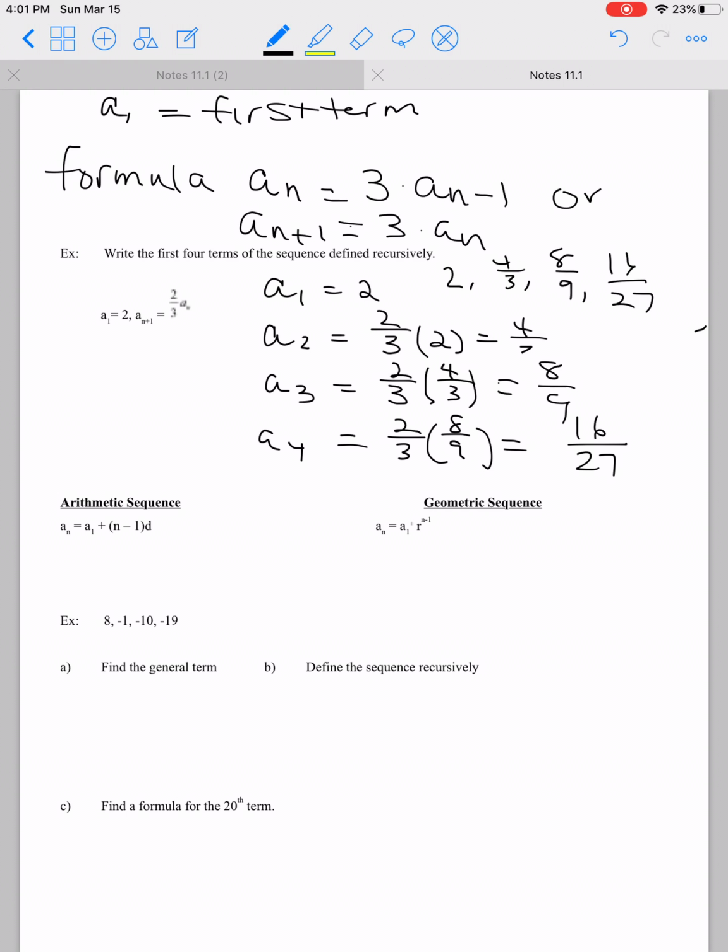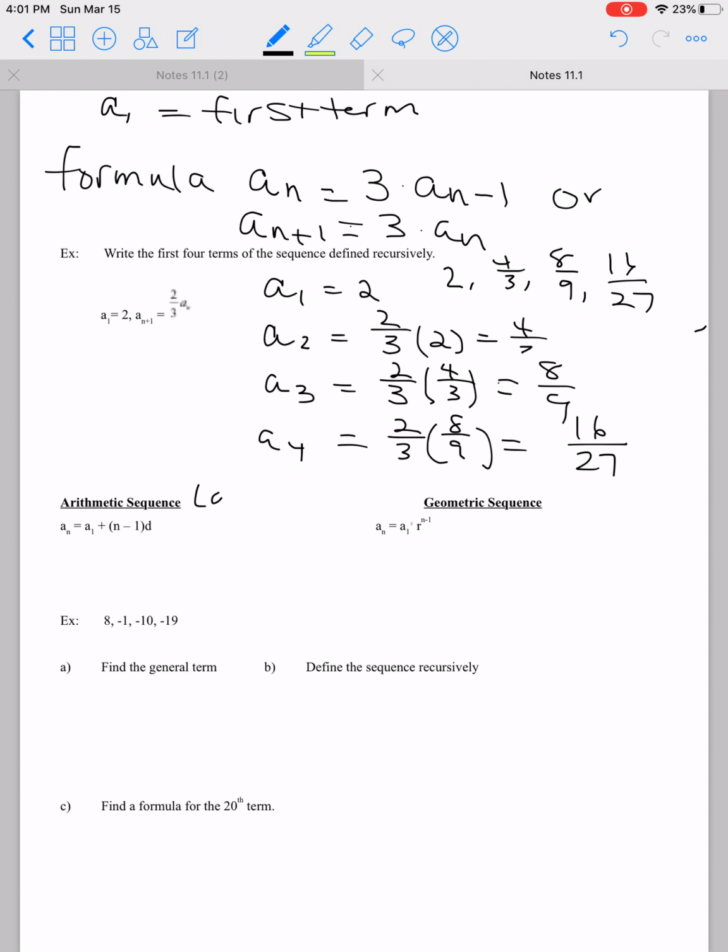There are two types of sequences that we're going to look at. We're looking at arithmetic sequences, and looking at our formula, we would say that a sub 1 is our first term, n is the number of terms, and d is the common difference.